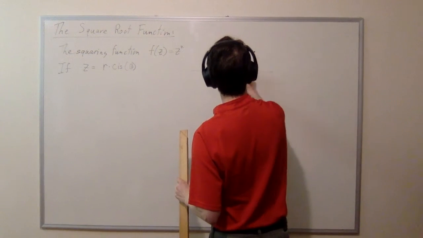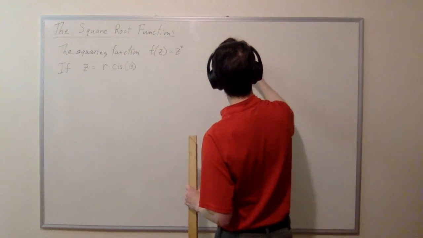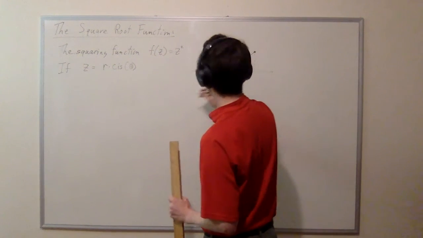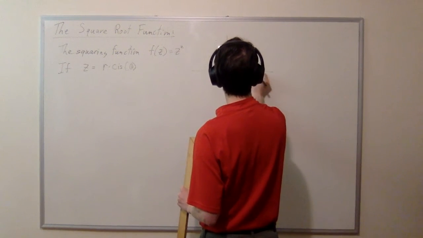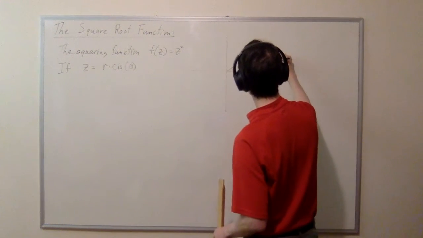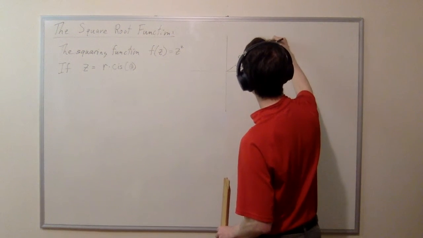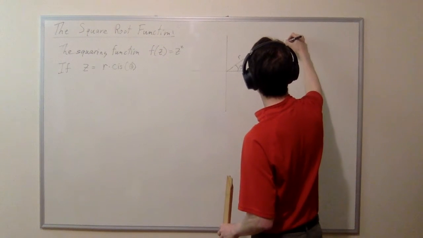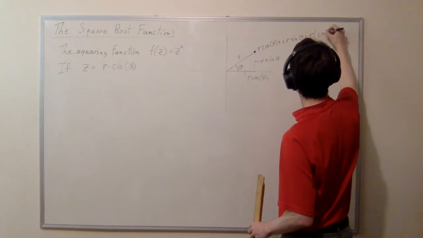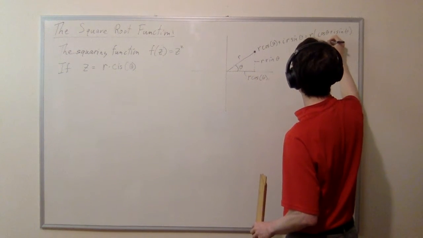So if we have a point in the complex plane, this would be the value of theta, this would be the value of r, this length here will be r cos theta, and this length here will be r sine theta. And so this point in the complex plane will be r cos theta plus i r sine theta, which is r times (cos theta plus i sine theta). And that's the definition of cis theta. So that's r cis theta.